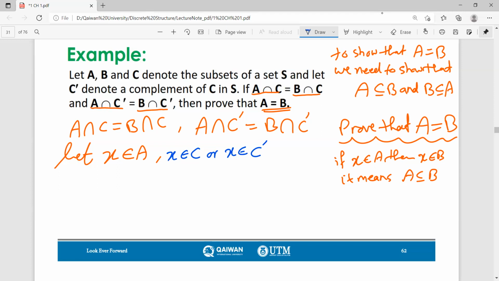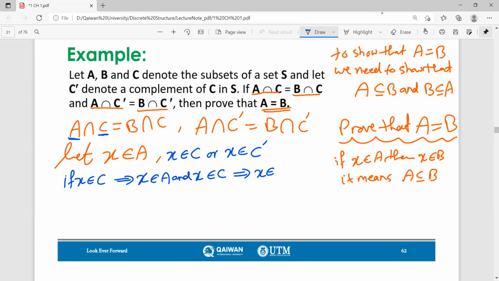If X in C, that means X is in A and in C. So X in A and X in C. If we have an element in two sets, it means that element is in their intersection.